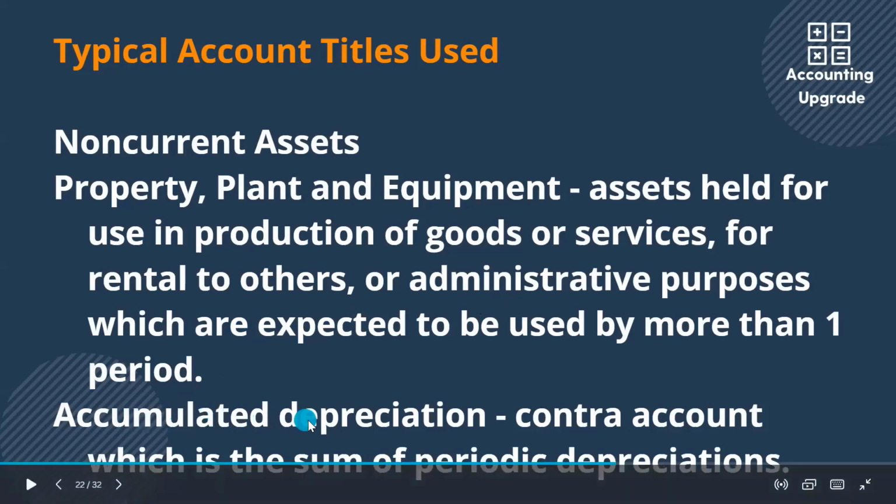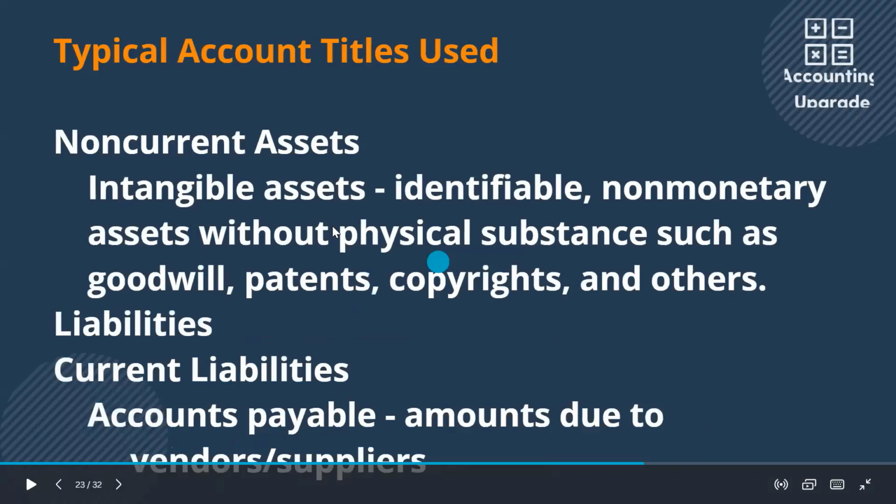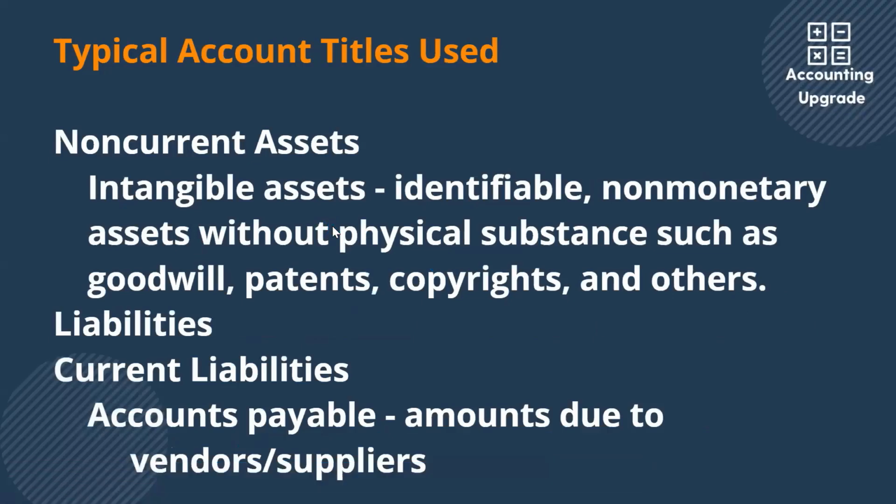And then accumulated depreciation, which is a contra account, and is the sum of periodic depreciations each period. Okay. And then we also have intangible assets, which are identifiable non-monetary assets without physical substance, such as goodwill, patents, copyrights, and others.